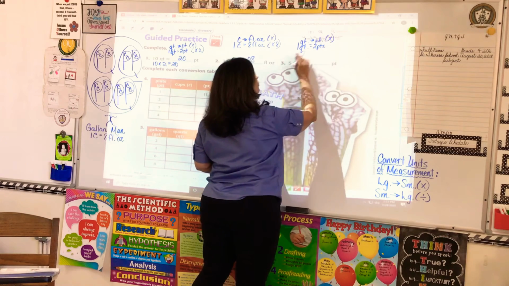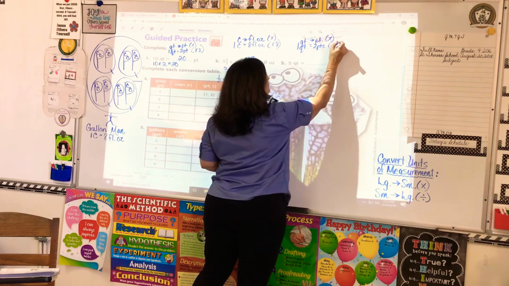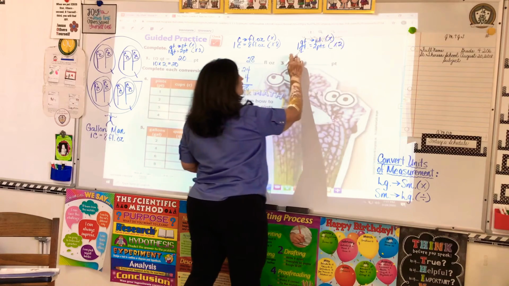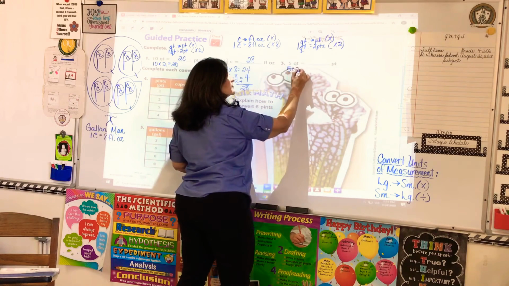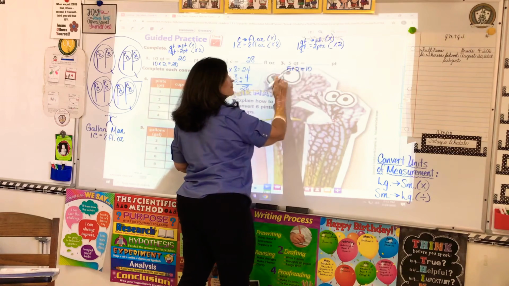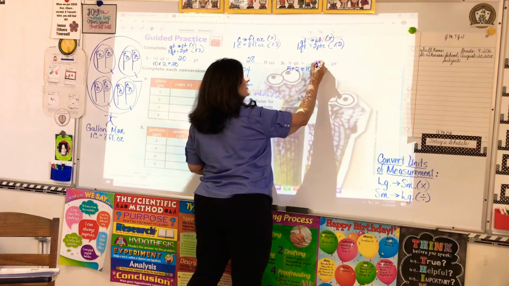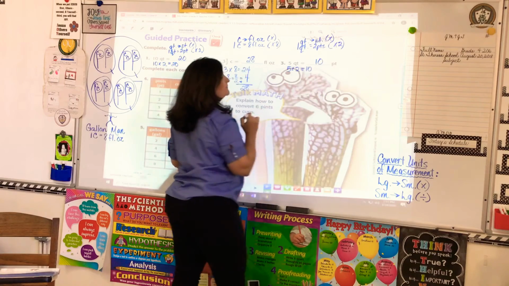So every time we're going from quarts to pints, we're going to multiply times 2. We don't have 1 quart, we have 5 quarts. So 5 times 2 equals 10. Therefore, 5 quarts is the same as 10 pints.